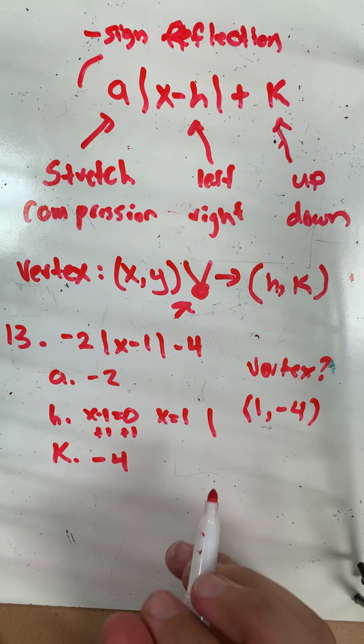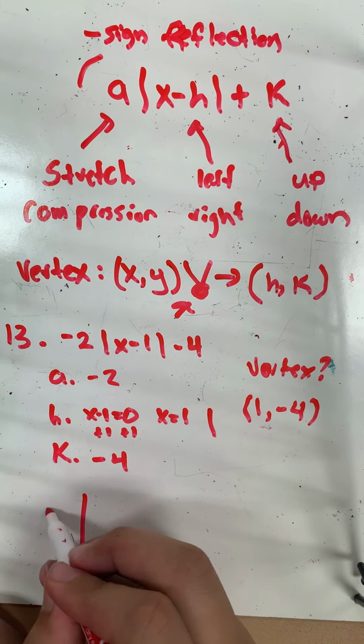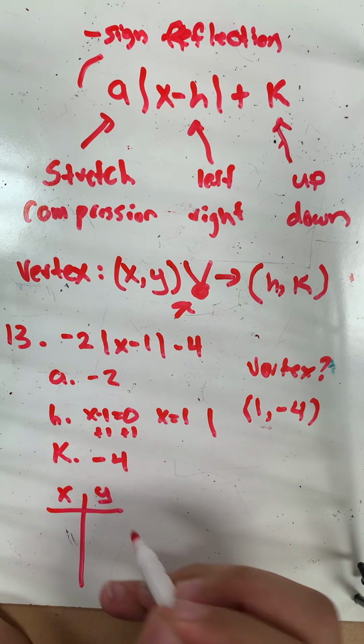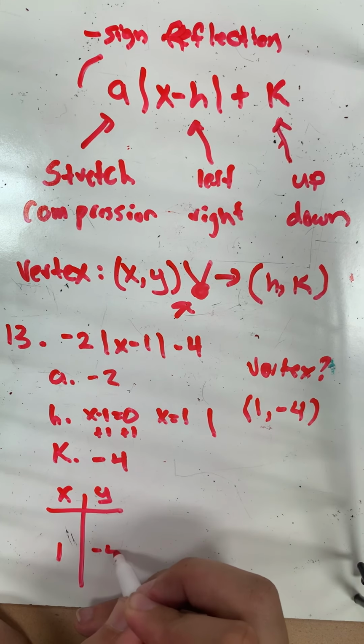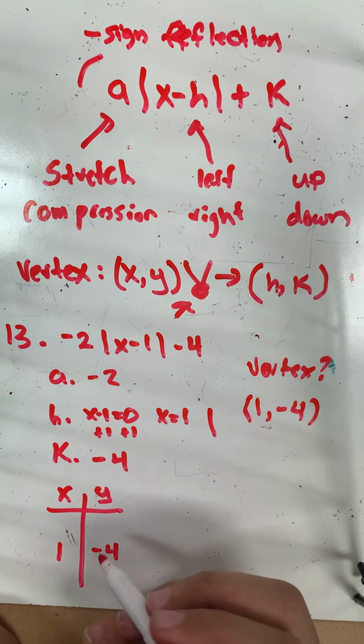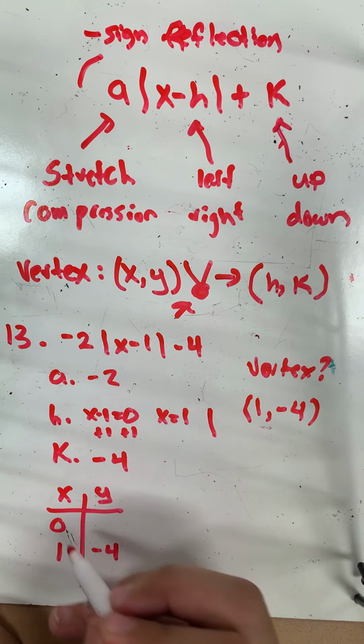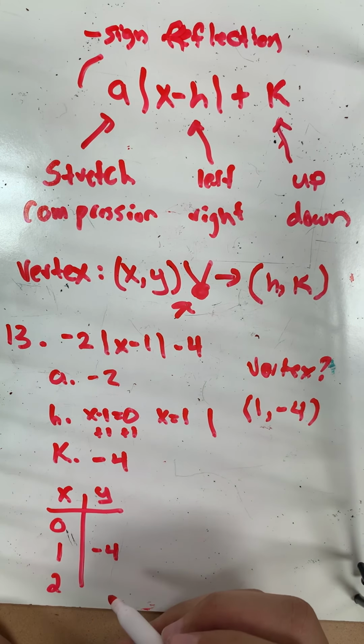So now if I want to graph this, I need to make a table of values, x's and y's, and I need to have 1, -4 in the middle. Pick a number on either side. I like to pick 0 and 2.